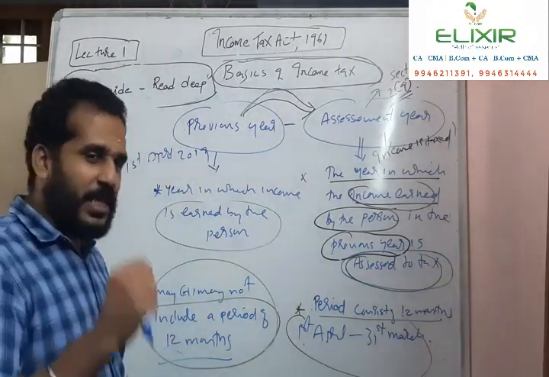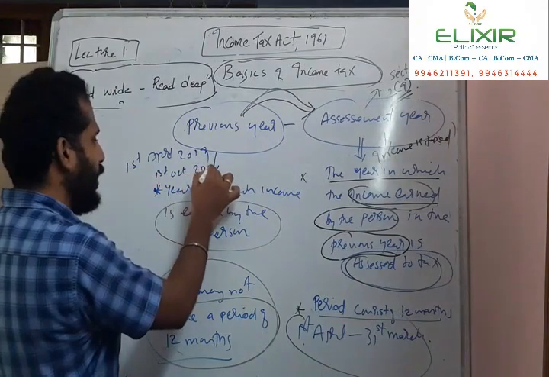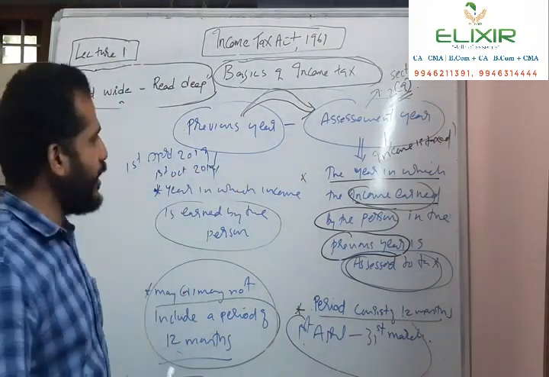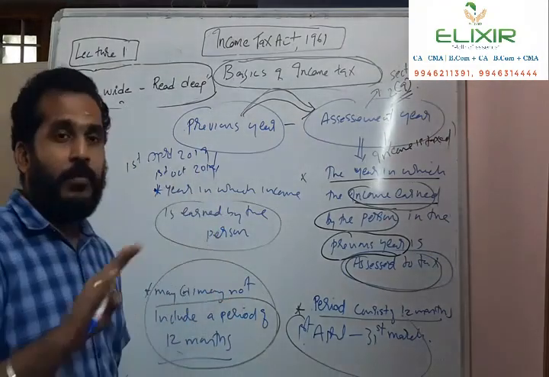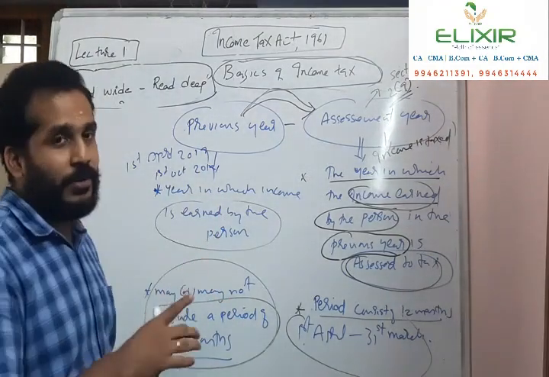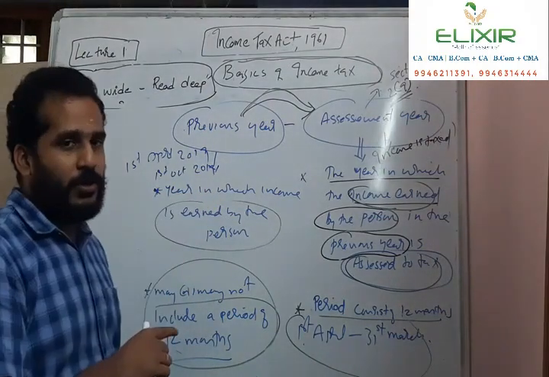But if I started my business on 1st October 2019, the financial year is 2019-20, but a period of 12 months will not be there, because my business started on 1st October.